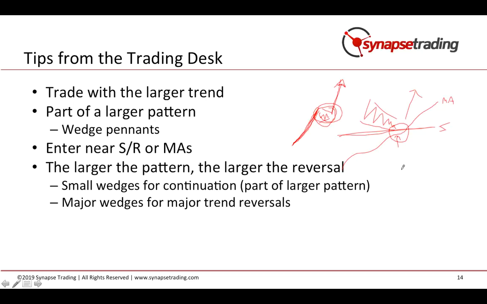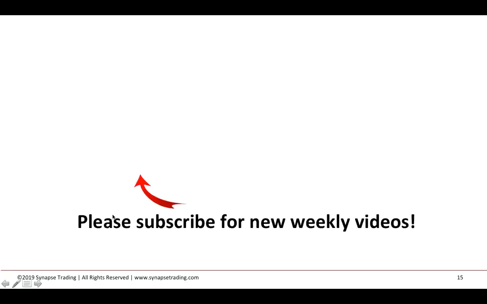But if you see very big wedges, like major wedges, then it could be a major trend reversal on the time frame that you are looking at. So this is very important: to see the context by looking at the size of the pattern. Okay, so that's it for this video.